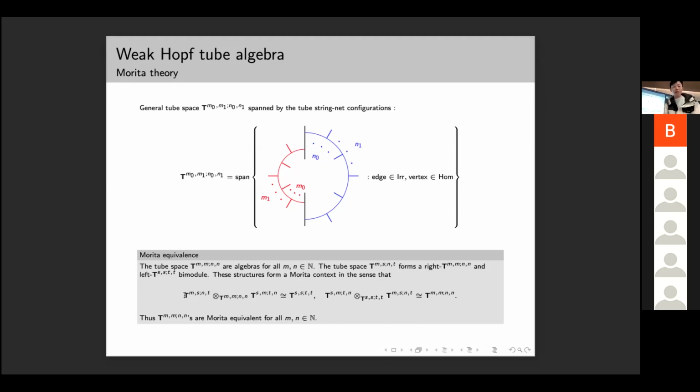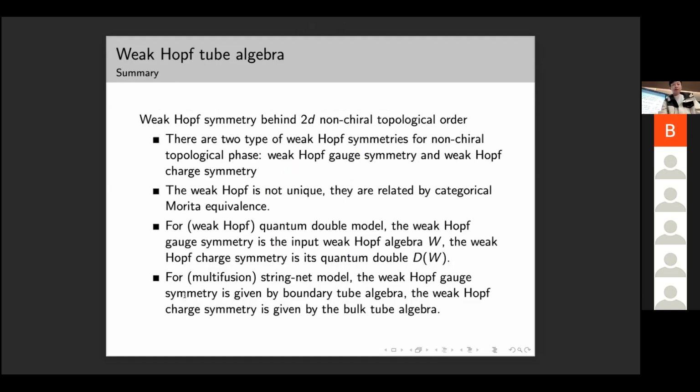This can be summarized in the following way. We have the Morita context in this sense, and we can show that the complicated configuration and the simplest configuration are related by Morita equivalence. So these are the basic results.